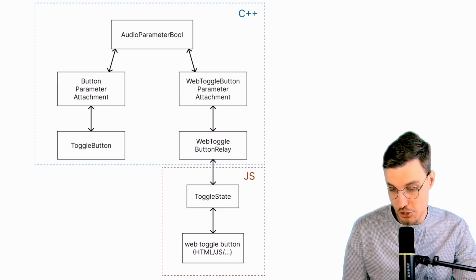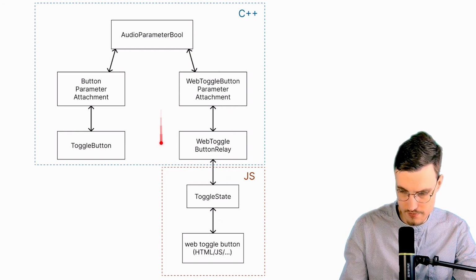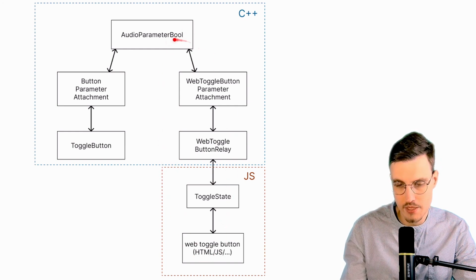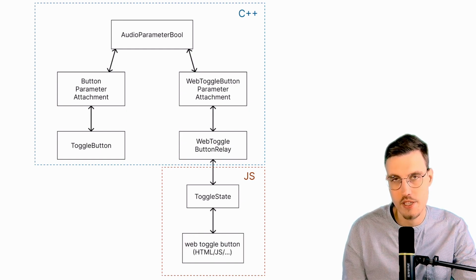And if a change happens, then we update this input HTML element. And this part of the diagram is also kept in sync. All these classes come from the JUCE framework, and your implementation here in HTML and JavaScript can take advantage of it.